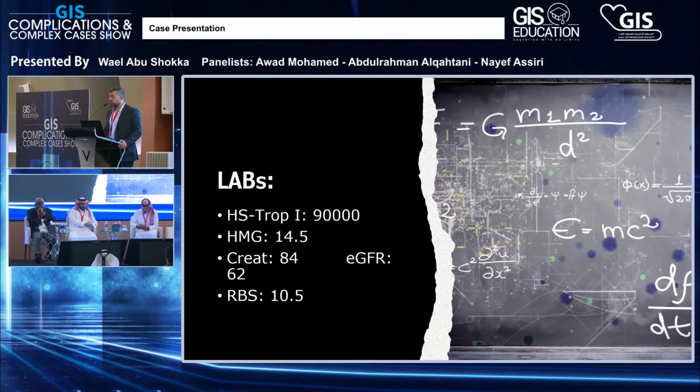His high sensitivity troponin I was 90,000, which is a very big number. Otherwise, he was an uncontrolled diabetic. The patient was from Bangladesh, and we had some language barriers with him, but there was always a translator available.